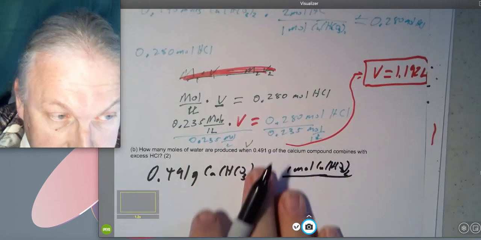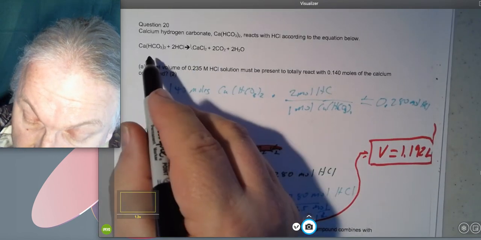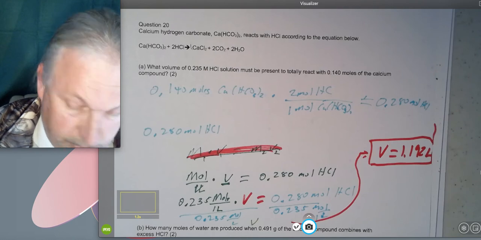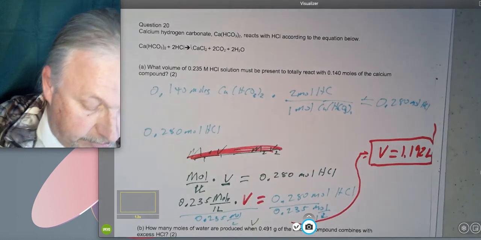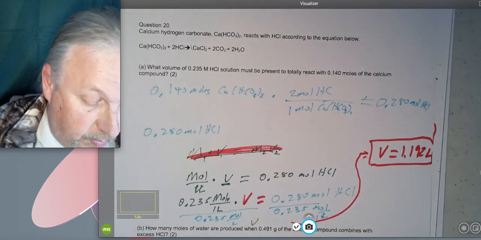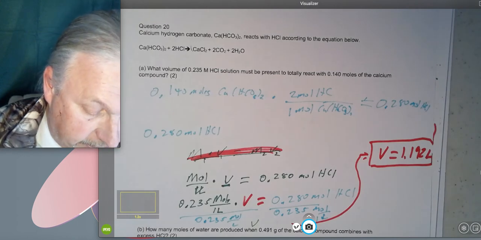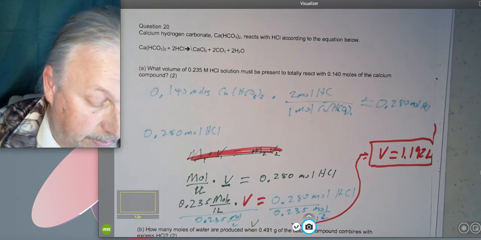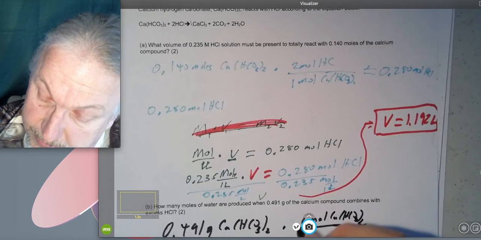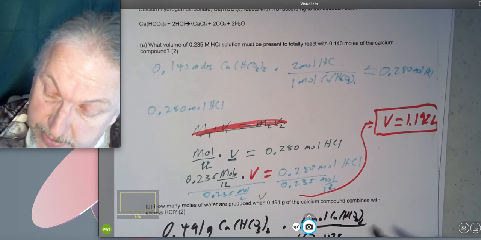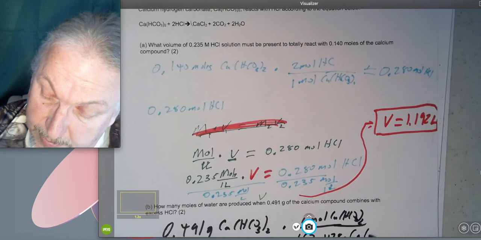Plus I've got 2 hydrogens, 1.0079 times 2, and 2 carbons, 12.011 times 2, plus 6 oxygens, 6 times 16. And I get 162.1178 grams.